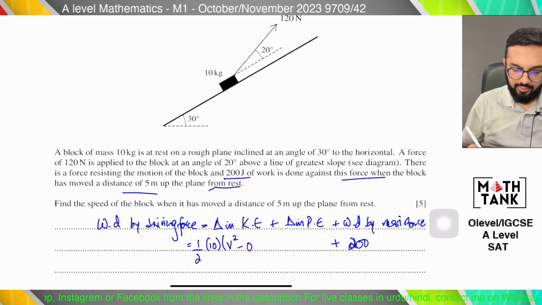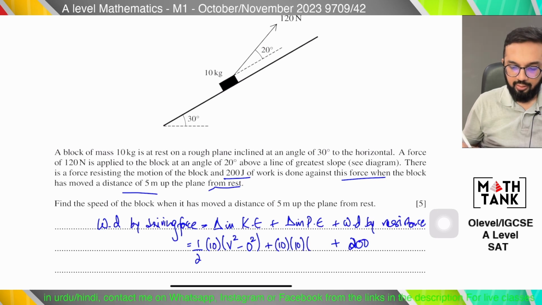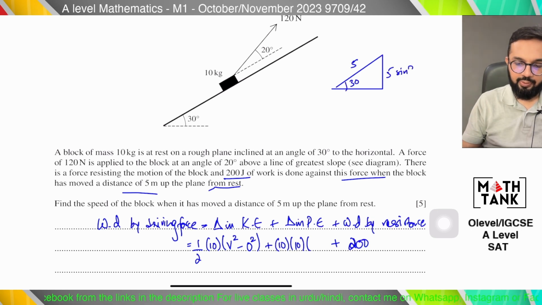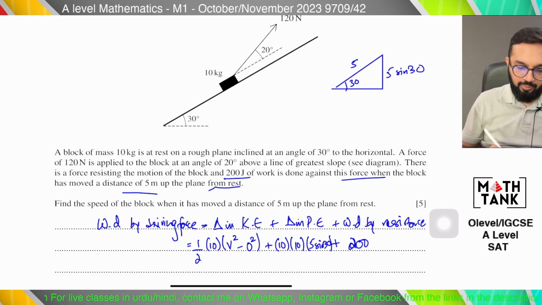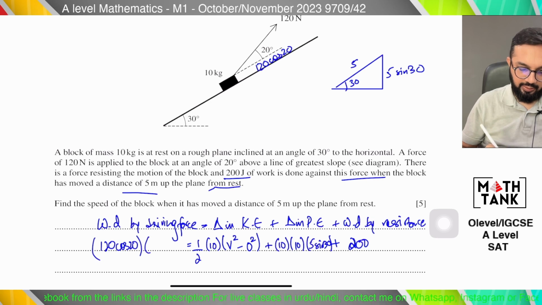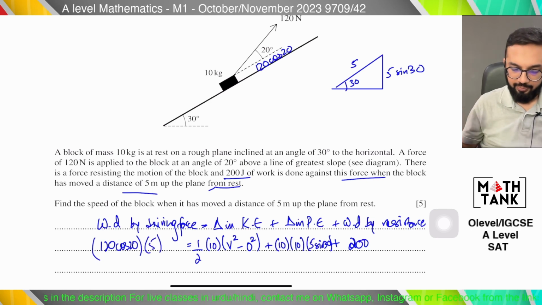From rest, so 0 squared. Change in PE is m g h, it's gaining potential energy as well, and h has to be 5 sine theta. What is the work done by the driving force? It's 120 cos 20 into the distance that it's traveling, so it's 5 meters up the plane.